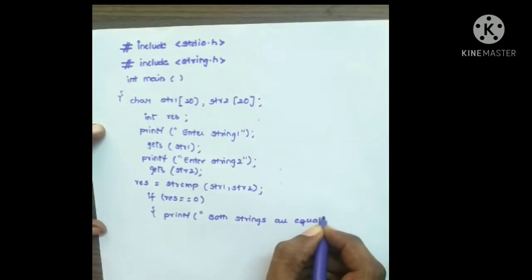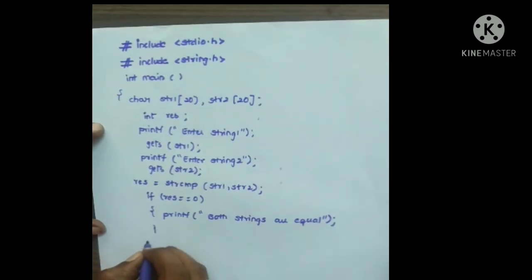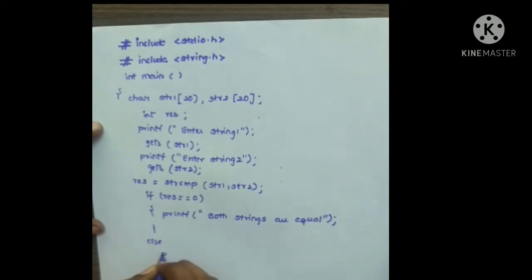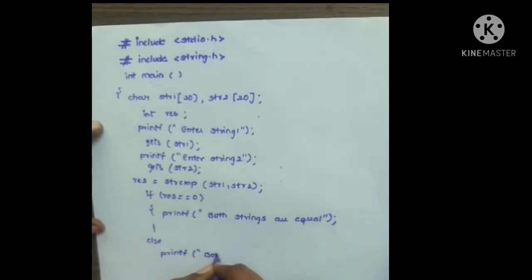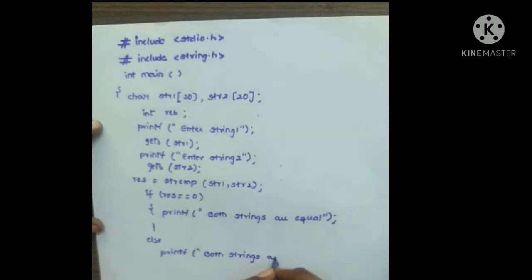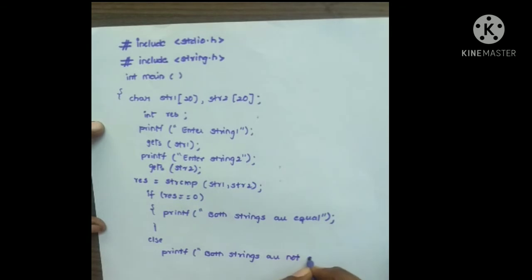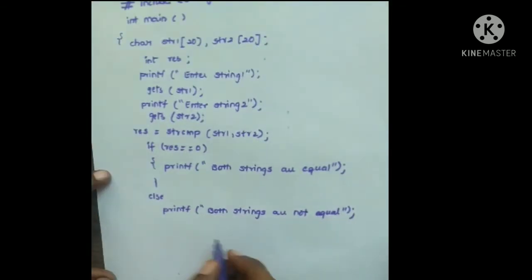Or else print the statement "Both strings are not equal". And return 0.